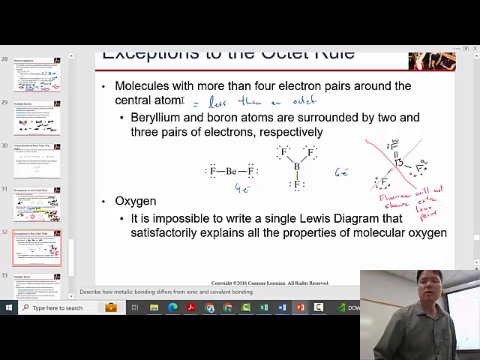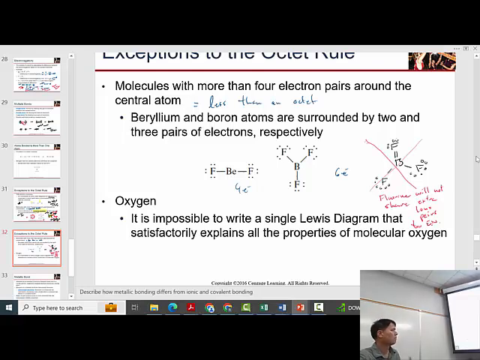So fluorine will not share an extra lone pair. It's too electronegative. So that doesn't happen. So we're just stuck. Boron's going to be the short end of this. Fluorine's going to be happy.